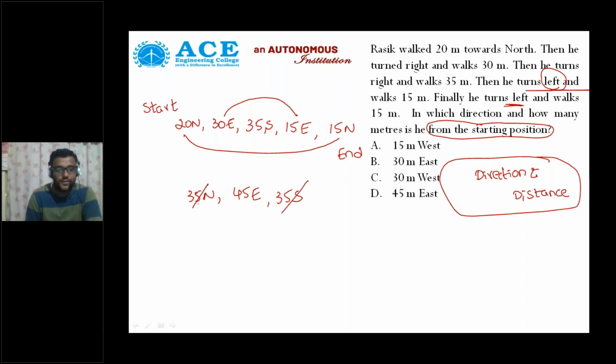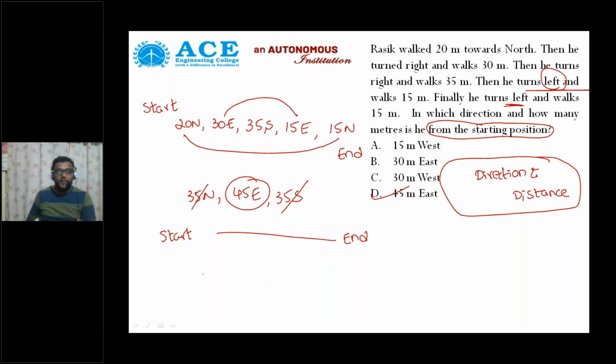North and south are opposite, as distance is also same, so both will be cancelled. It's simple. From starting position, ending is 45 meters east. Your position is now 45 meters east because of this.